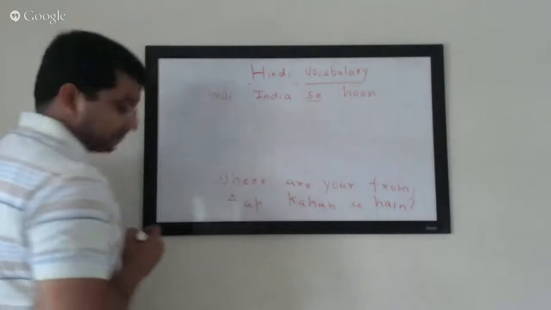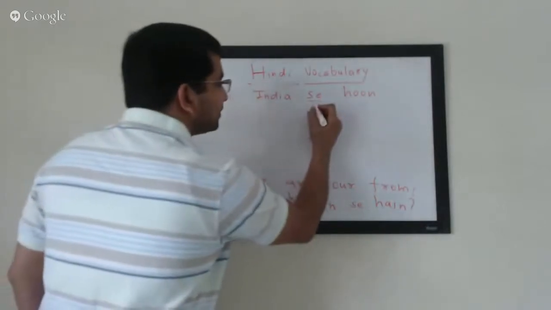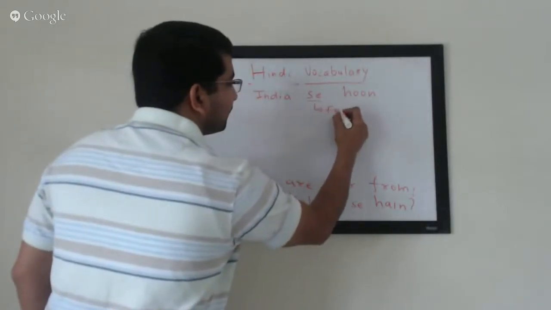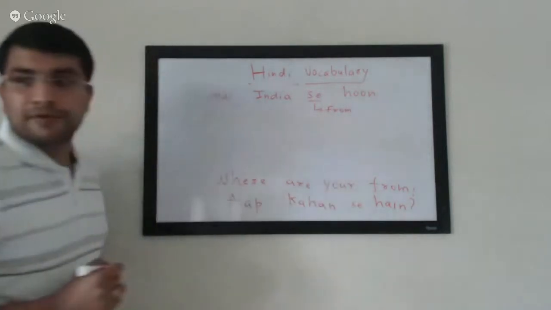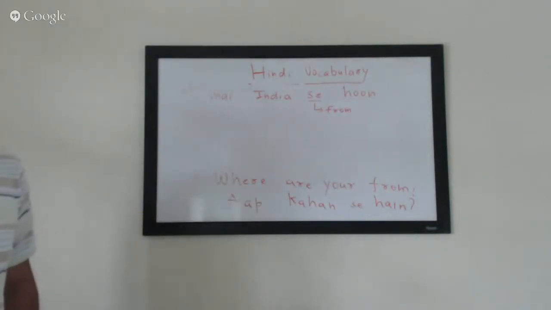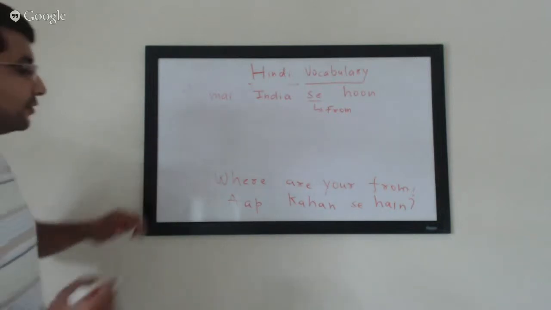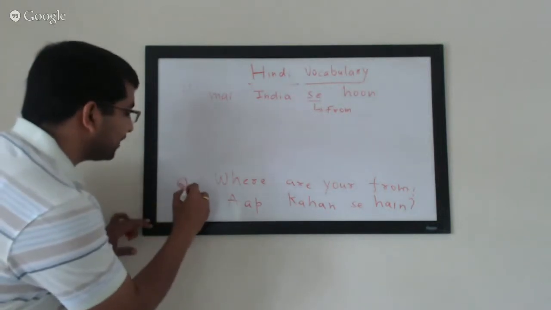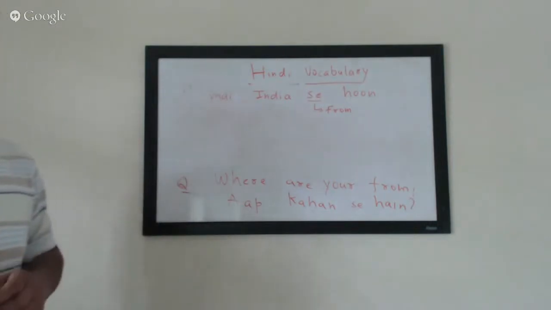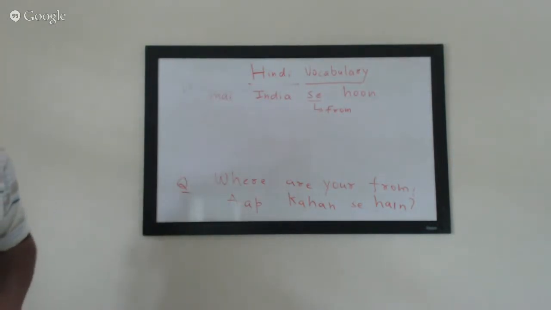And if you are new, से is nothing but a postposition, which means I am from India. Again, if the quiz was not clear, the question is: where are you from? Feel free to write on the side chat box.